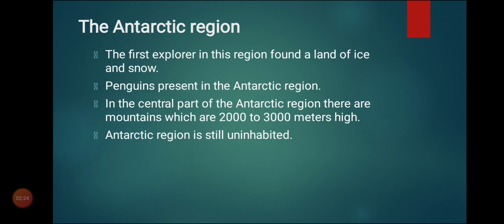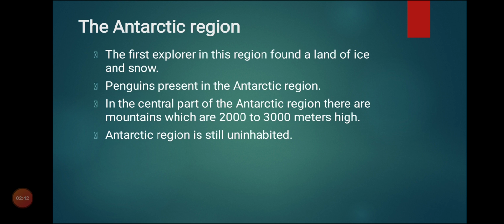The first explorers in this region found a land of ice and snow, because, as we discussed earlier, in the Antarctic region the temperature is about -87 degrees centigrade.